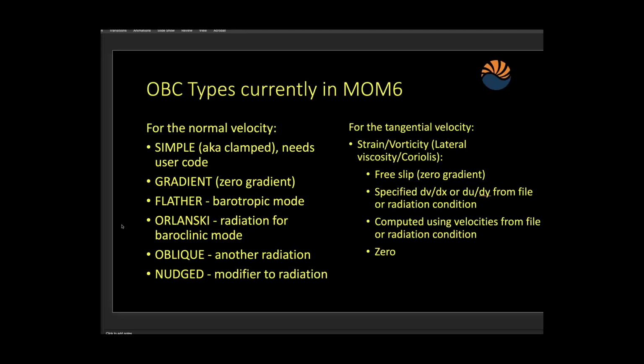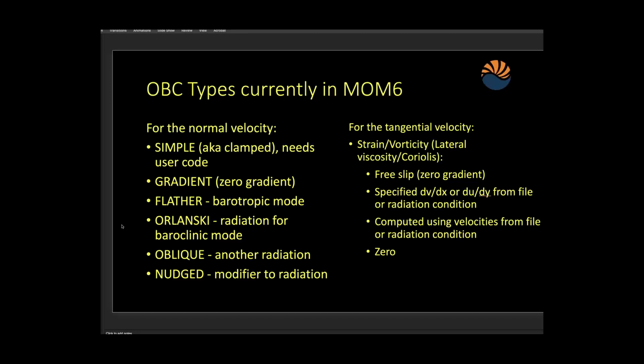This is where you just simply take a value and impose it without any additional dynamics, and the value can be from a parent grid, or if it's collocated, that could be all you may need to do, or it could be from some observations or whatever the case may be. You just simply tell it what it is.